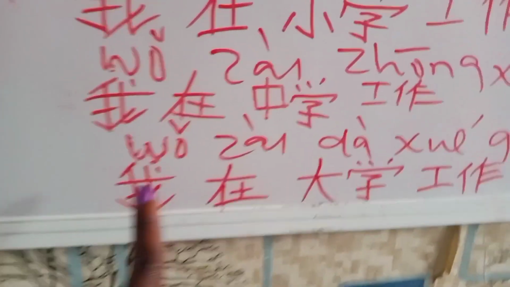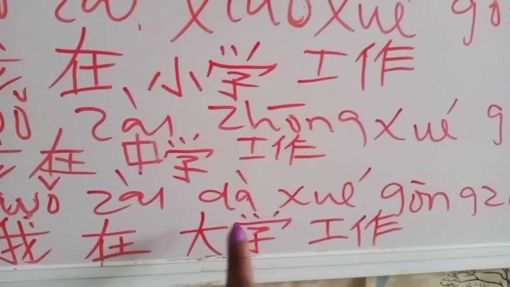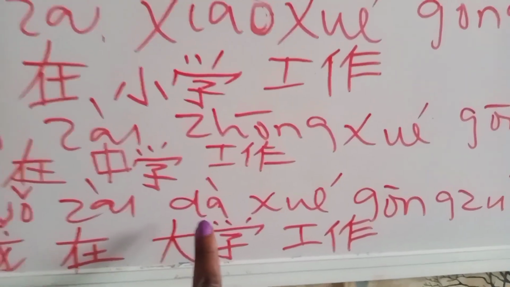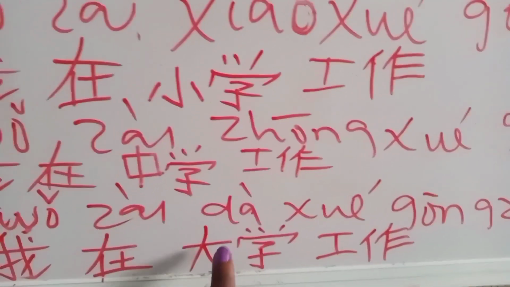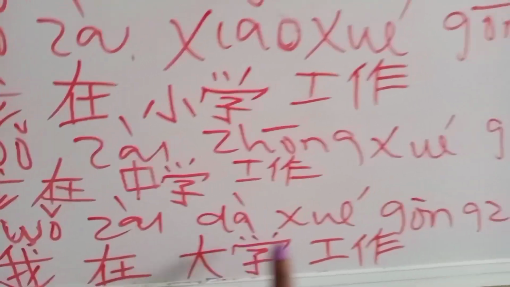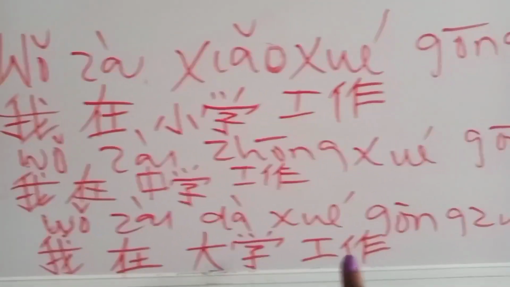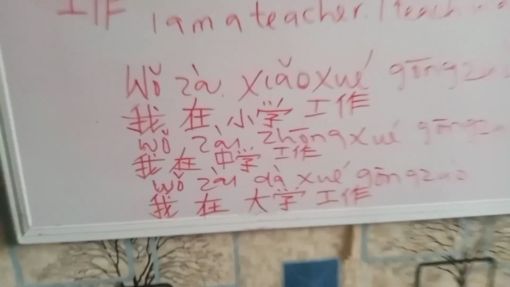Then this one 我在大学工作, I in university. 大 is big. I said big school. That's university. 我在大学工作, I in big school work, which means I work in a university or I teach in a university.